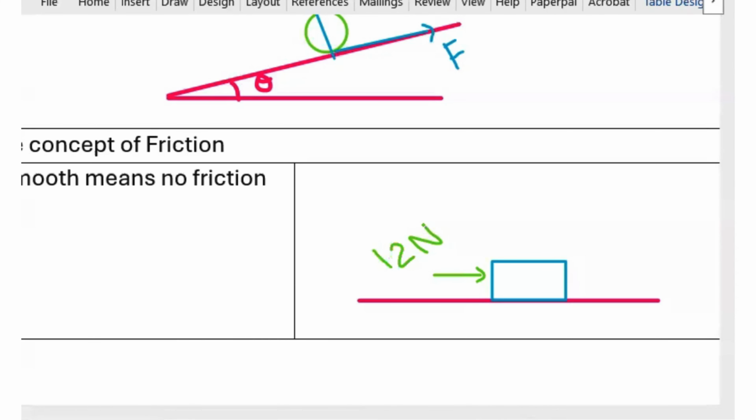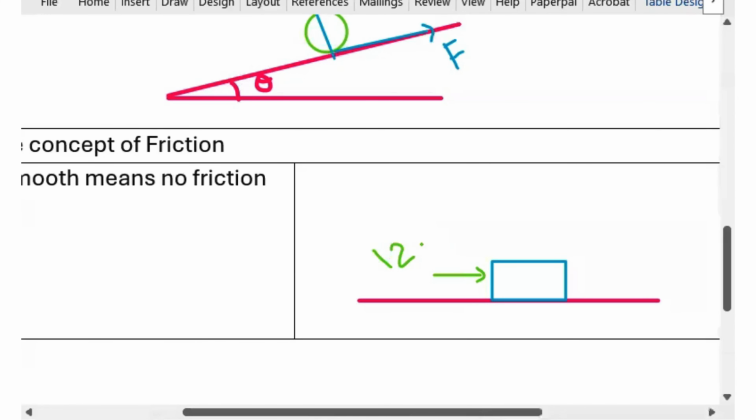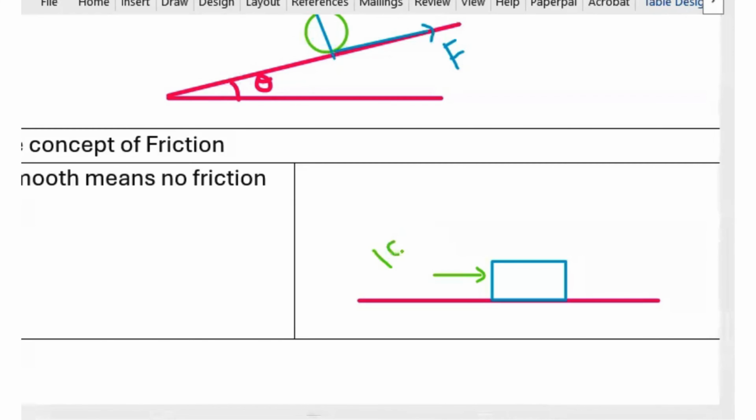If I apply any force greater than 12 Newtons, for example 15 Newtons, then 15 Newtons will be acting forwards. The friction still would be at 12, it stops at 12.